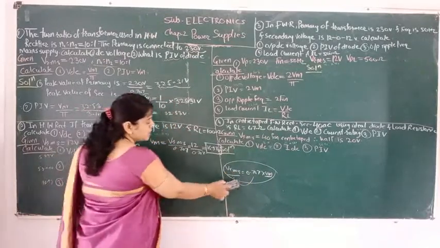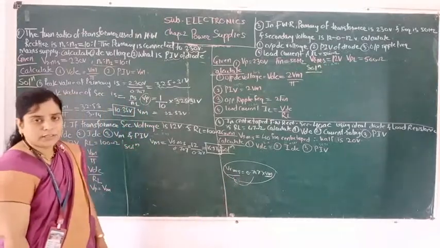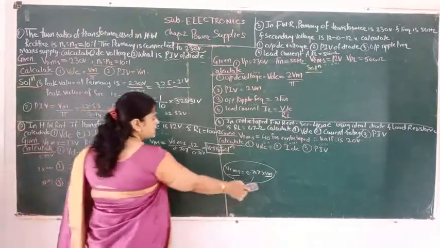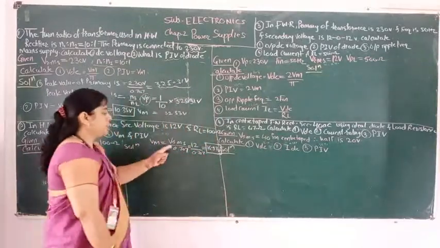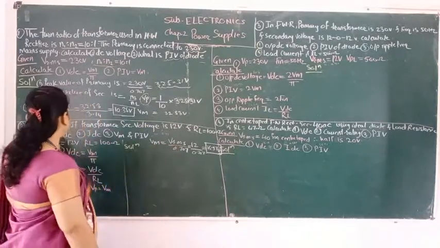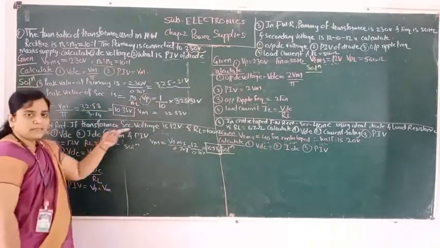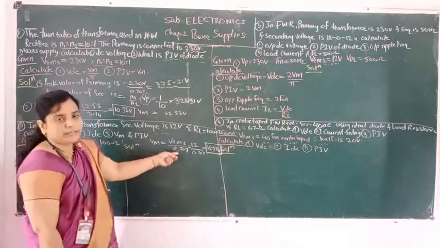Okay. So this is the main equation. You keep it in mind: VRMS is equal to 0.707 into VM. If VM is to be calculated, then the conversion is VRMS divided by 0.707. Okay. So whenever the value of VRMS is given, you have to convert it by dividing by 0.707.